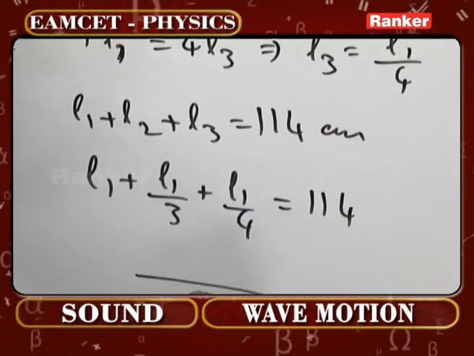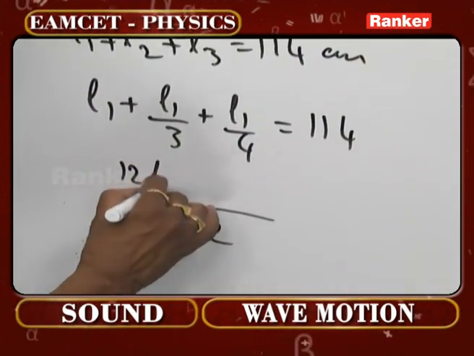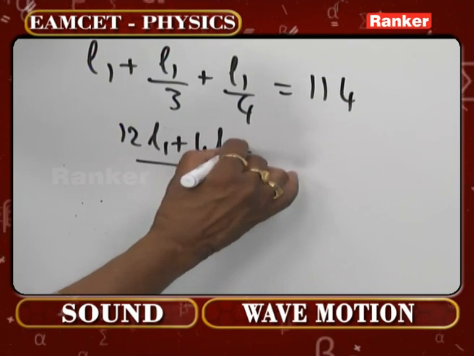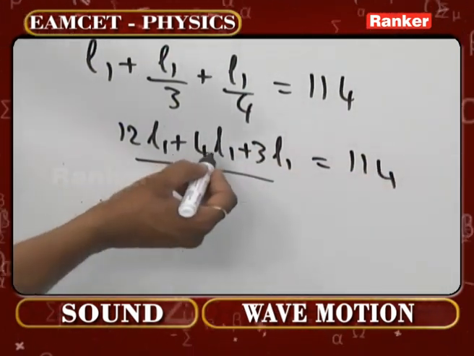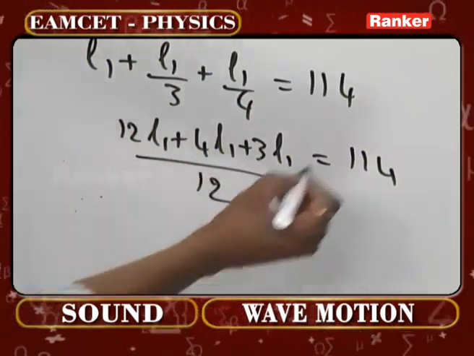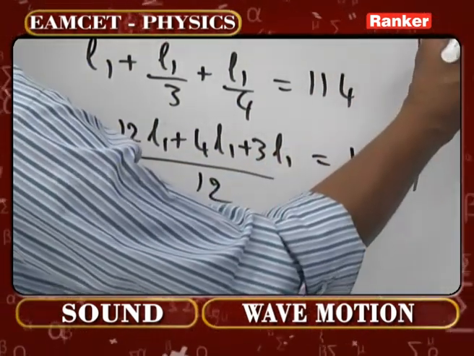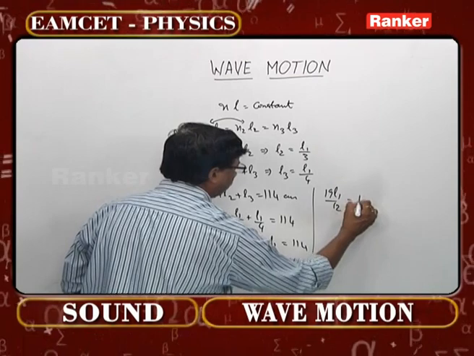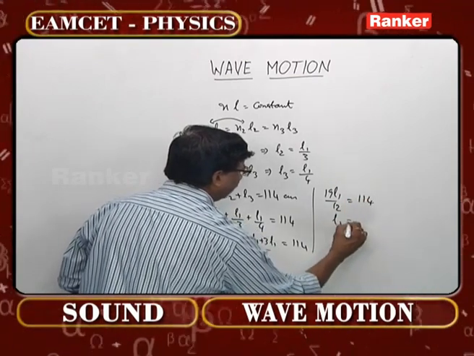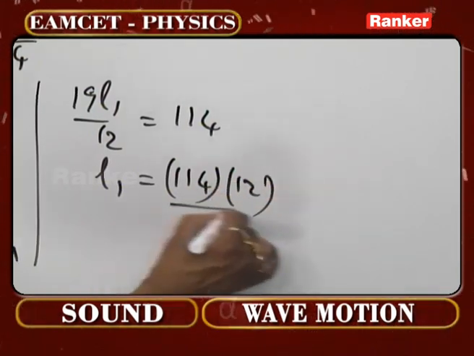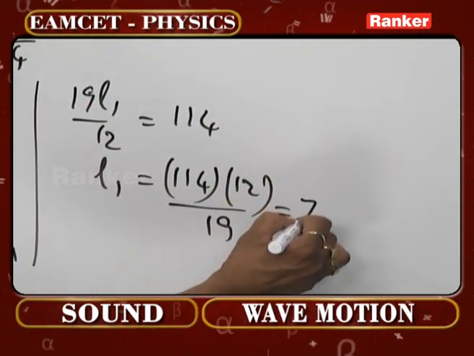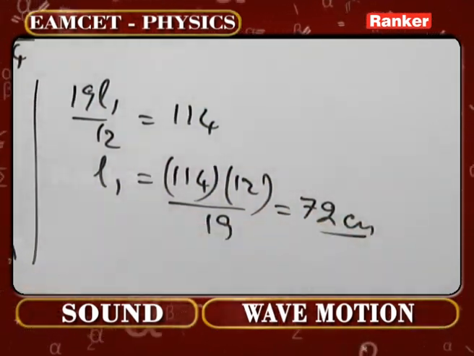Taking 12, 12 L1 plus 4 L1 plus 3 L1, that is 19 L1 by 12 is equal to 114. L1 will now be 114 into 12 by 19. Exactly you will get 72 centimeter.